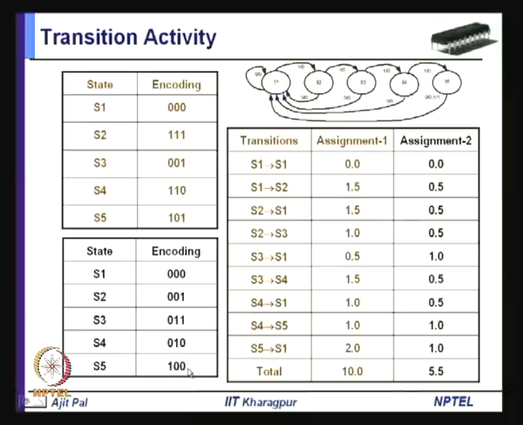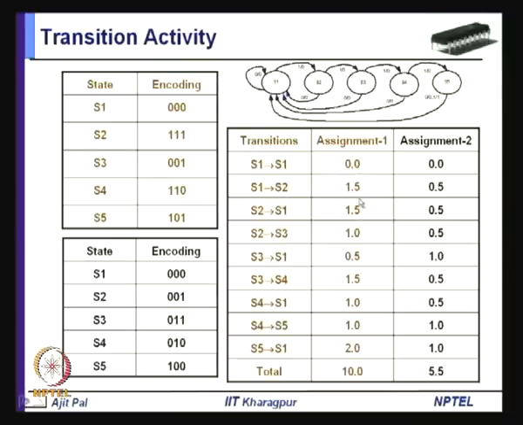So, the number of transitions is 1, and 1 into 1 is 1. So, it is 1.